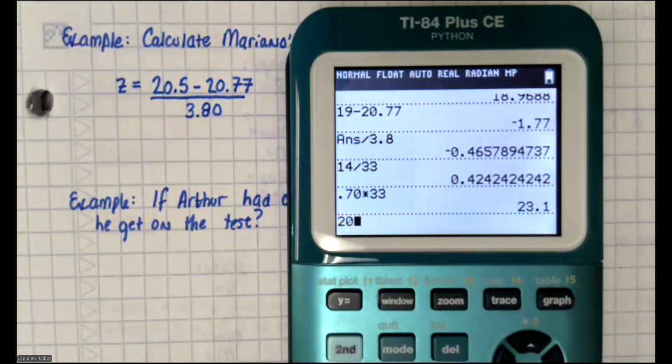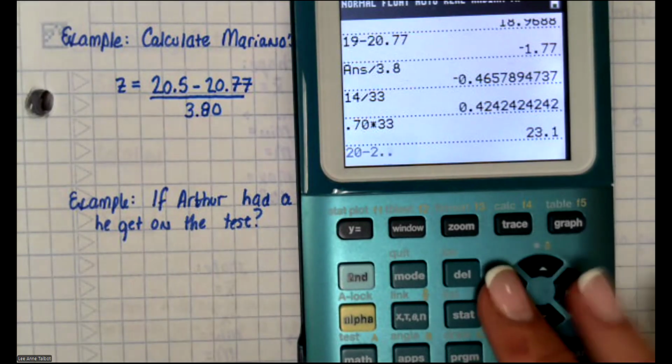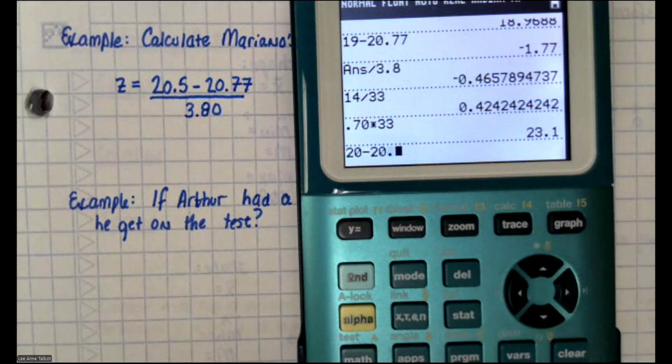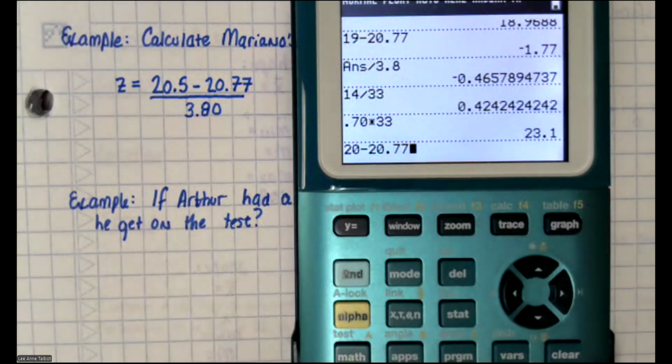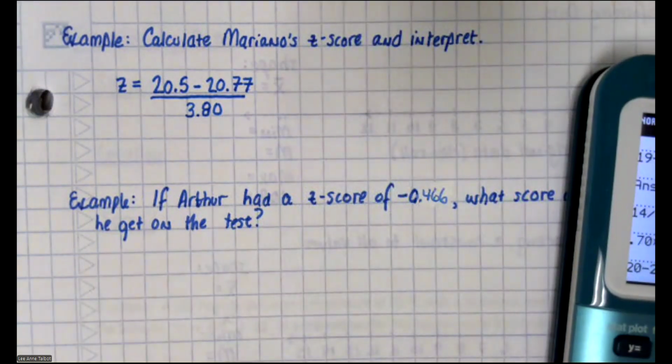Now, it sounds silly, but it's the most important thing: you either have to hit enter or put the numerator in parentheses. Mariano's score?